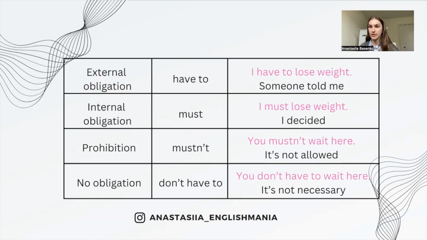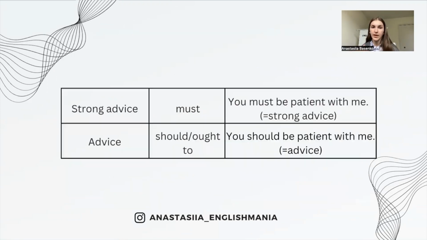You mustn't wait here. It's not allowed. When there is no obligation, we can use don't have to. You don't have to wait here. It's not necessary. And as for advice, if it is strong advice, we use must. You must be patient with me. And if we use should and ought to, that's just regular advice. You should be patient with me.